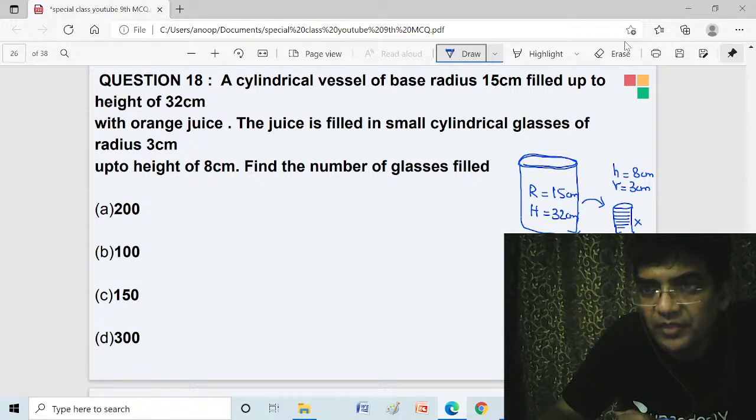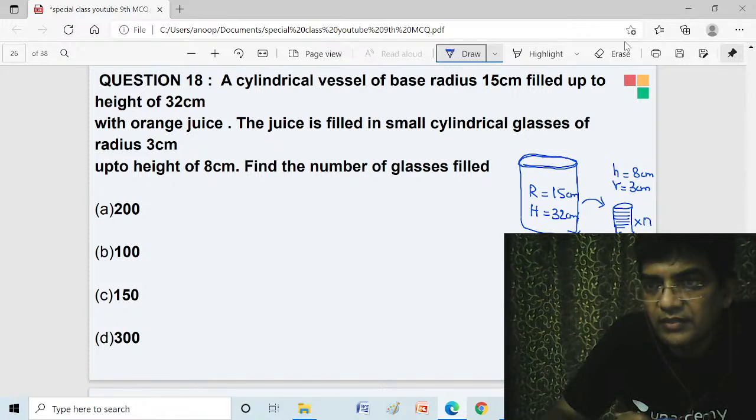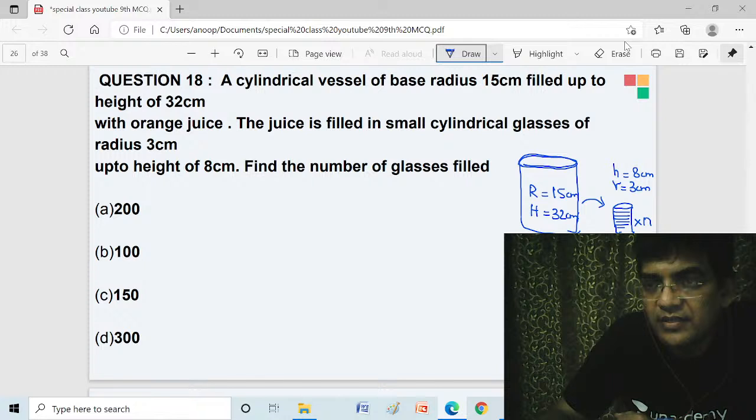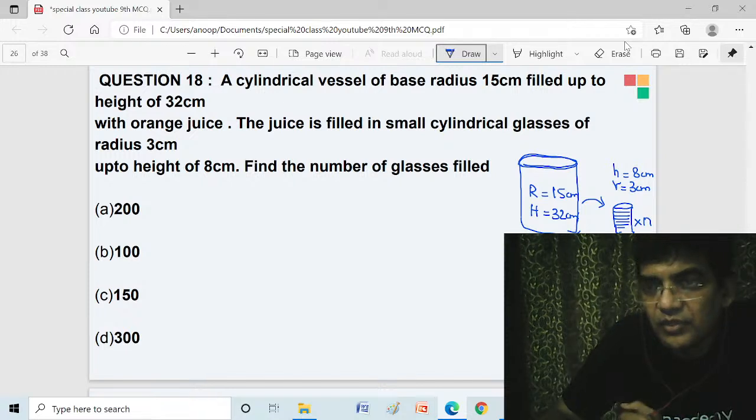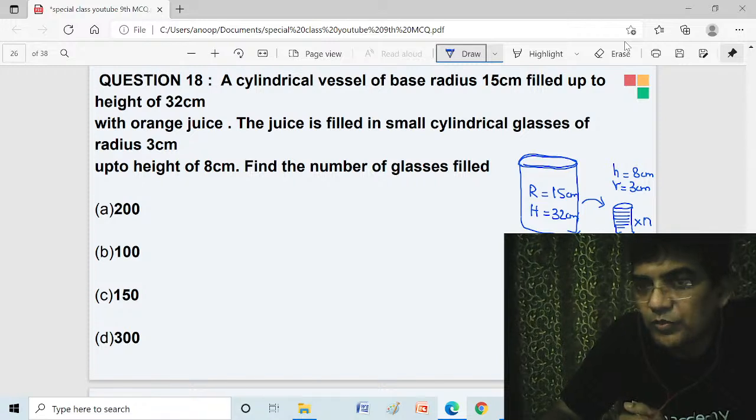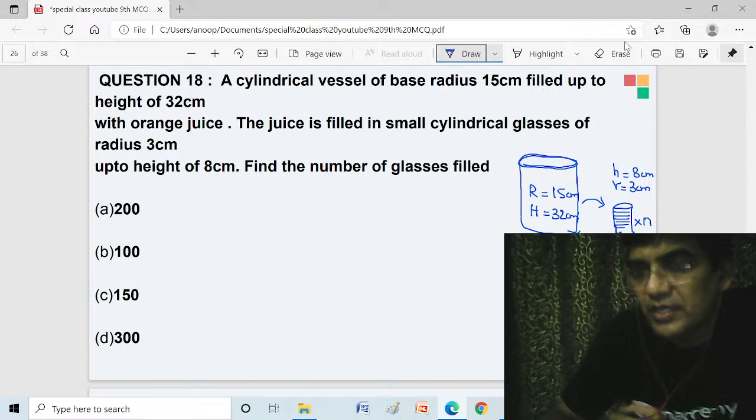So see, the juice in this container is transferred into cylindrical glasses, right? And for these cylindrical glasses, height and radius are known to us, and they are saying how many glasses will be filled. So we are considering n glasses will be filled. So what condition are we applying over here? That the volume of juice in the bigger container is equal to the volume of n glasses, because this juice has been transferred into n glasses.